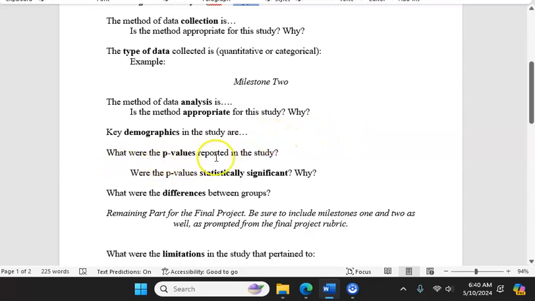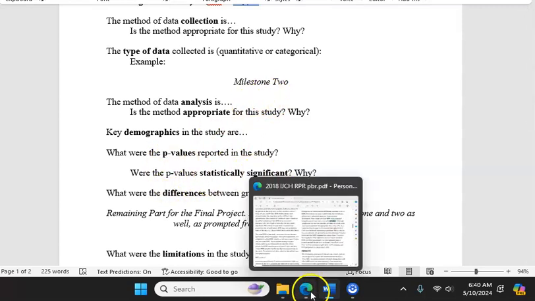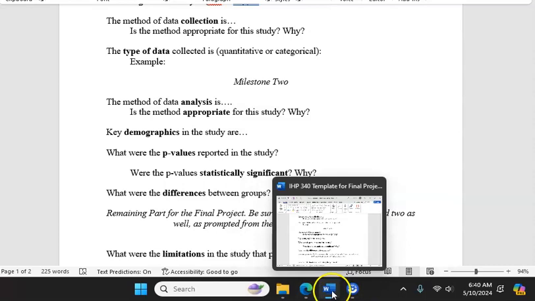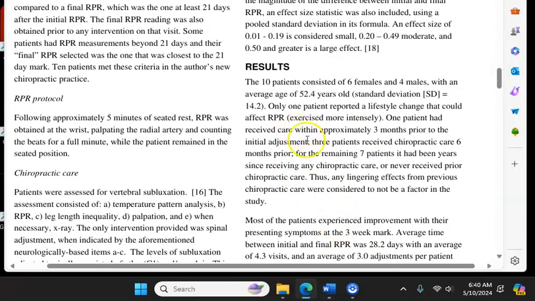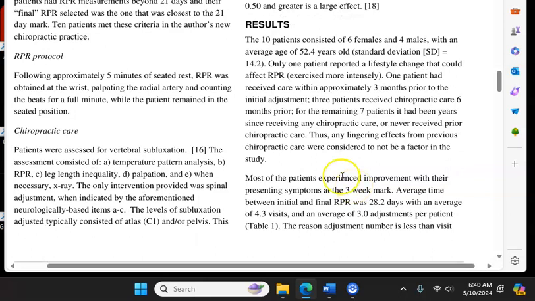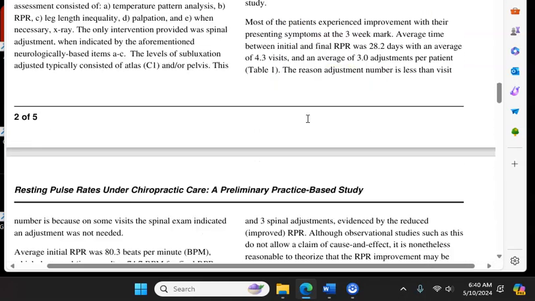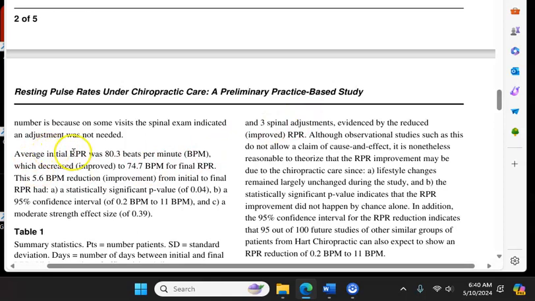What were the p-values? So again, milestone 2. Were they statistically significant? I go into this in detail in my upcoming module announcements, but we get this in results. So here's some results. Average initial pulse rate was 80.3, and it decreased to 74.7, so that's good.